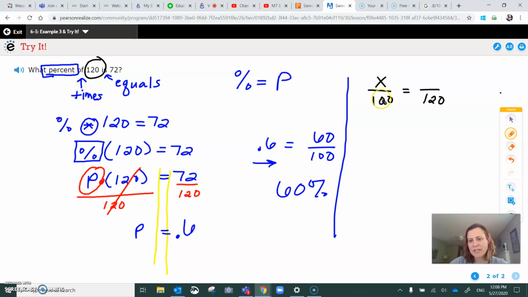I'm looking for the percent. And I know that the number out of 120 that I'm focused on here is 72. So the idea is I want to do something to the 72 to get this x. So I have to figure out what to do to the 120 to make it 100.